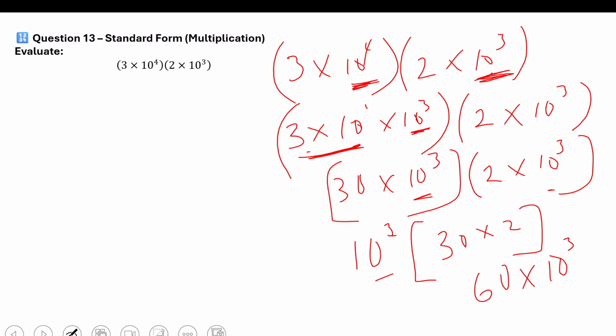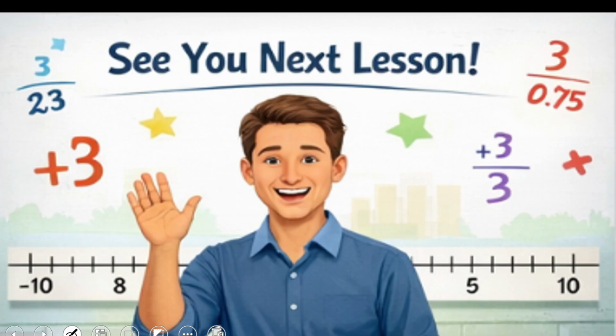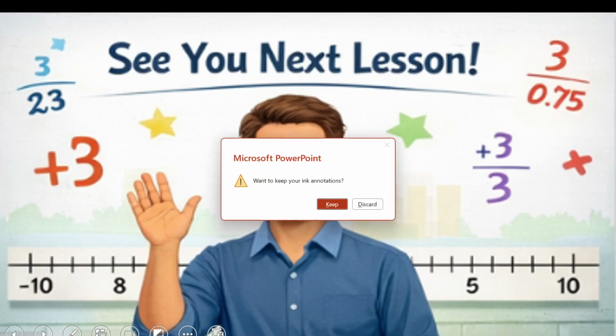So this is the answer, or I'll say I'll take it back 60, that's 6.0 and 10 to the power 4. But this 0 will have to release itself to join this one. So I have it as 6.0 times 10 to the power 4. That's the answer.